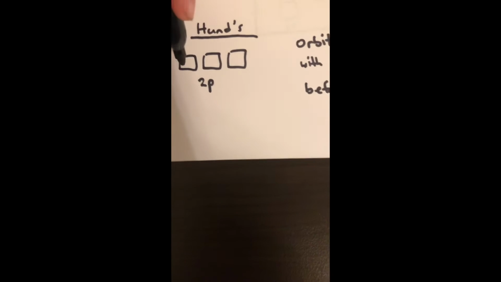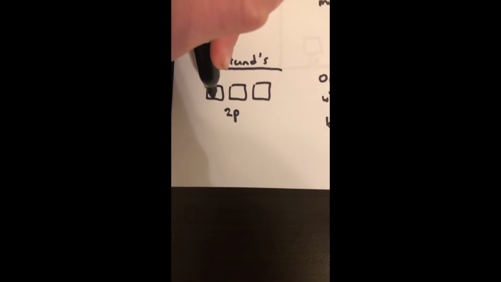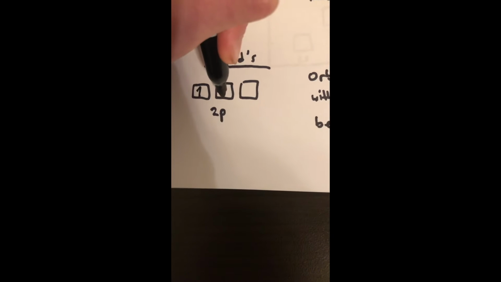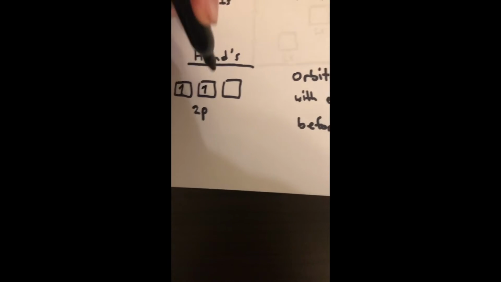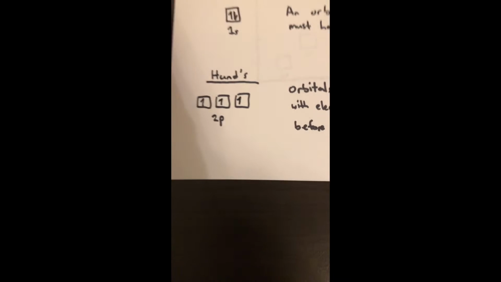So in order to demonstrate that, we will do 3 up arrows. Right there, 1, 2, and 3. We're going to do the same thing with the down arrows.